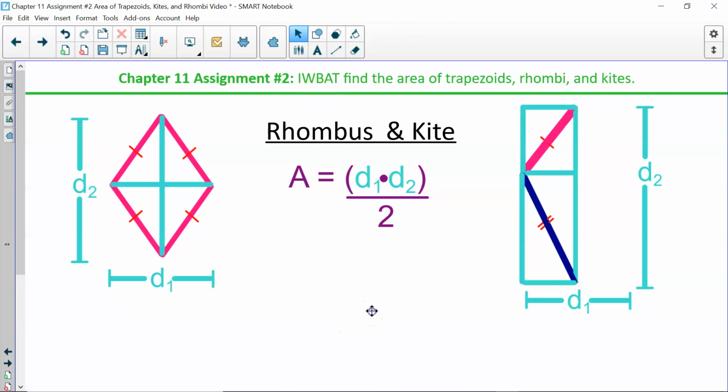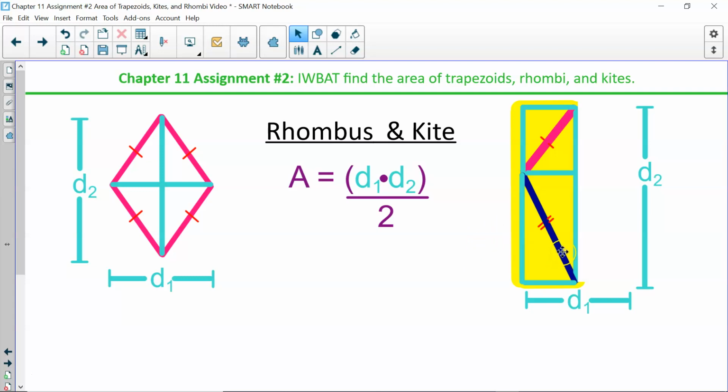And when I do that, notice what I have. I'm going to highlight that in yellow. I have a tall, skinny rectangle. And you can recall from the first area video that the area formula for a rectangle is base times height.